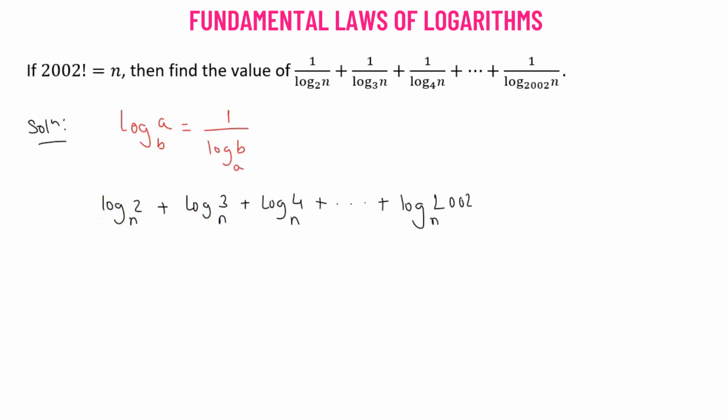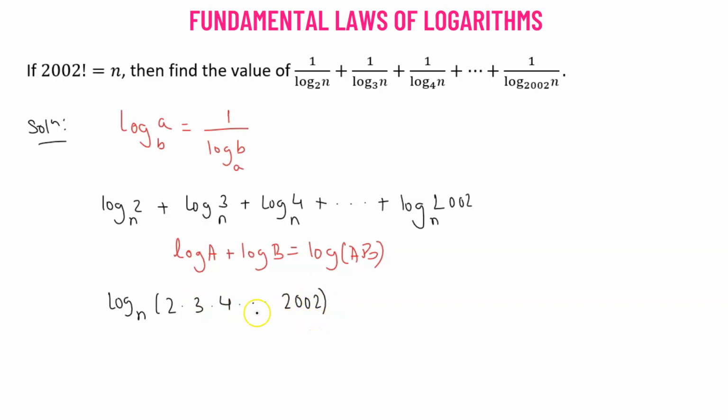That means we can now combine them using a property of log, which is log of a plus log of b equals log of a times b. That means we will get log of base n of 2 multiplied by 3 multiplied by 4, and this multiplication goes all the way up to the last term, which is 2002.